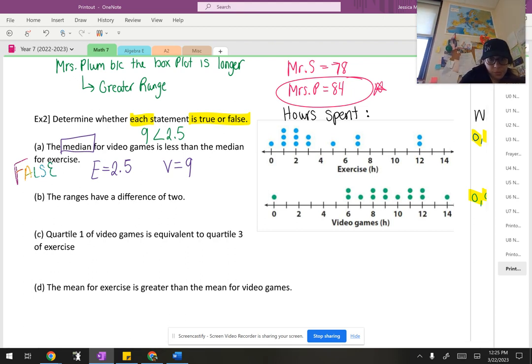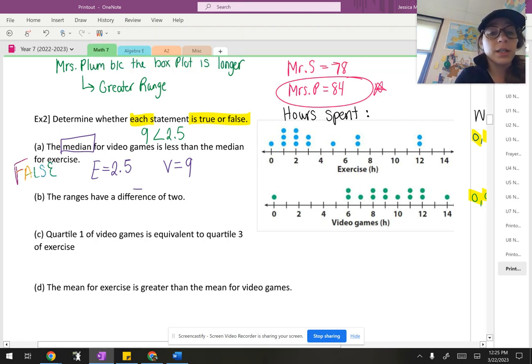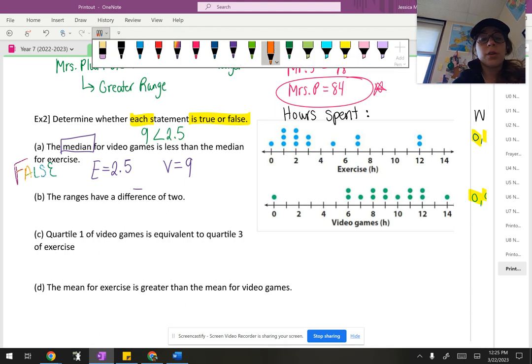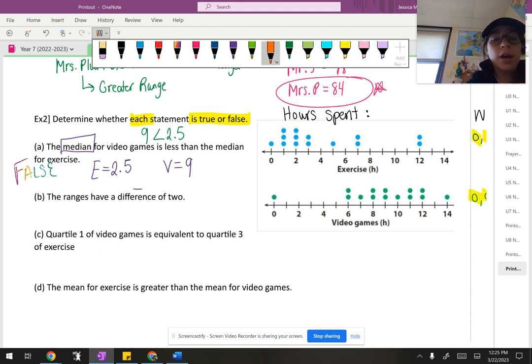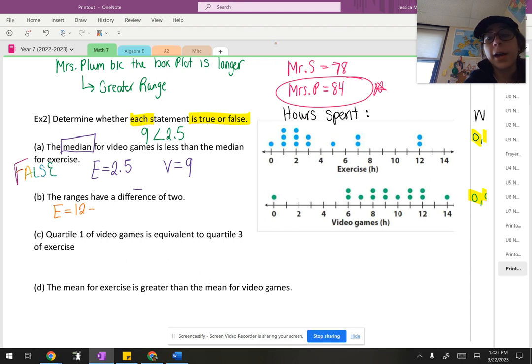Next. Part B says that the ranges have a difference of 2. Difference should be floating in your head as subtraction, meaning we need to subtract them. So the range, how to find the range? Range is highest minus lowest. So the exercise range, the highest data point is 12, minus the lowest, which is 0, which gives me 12.